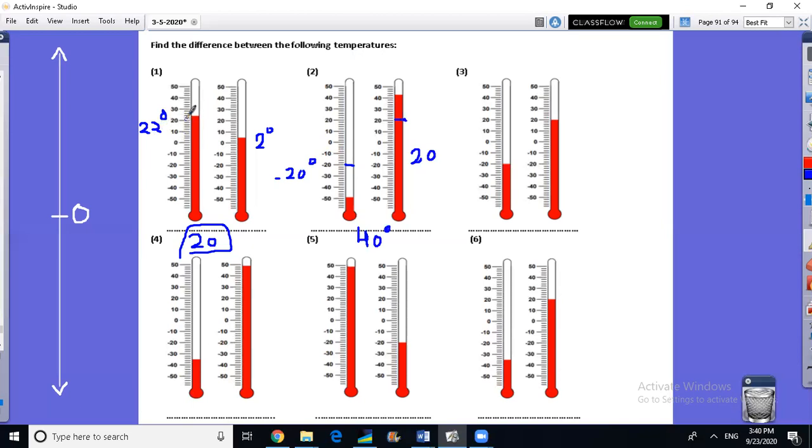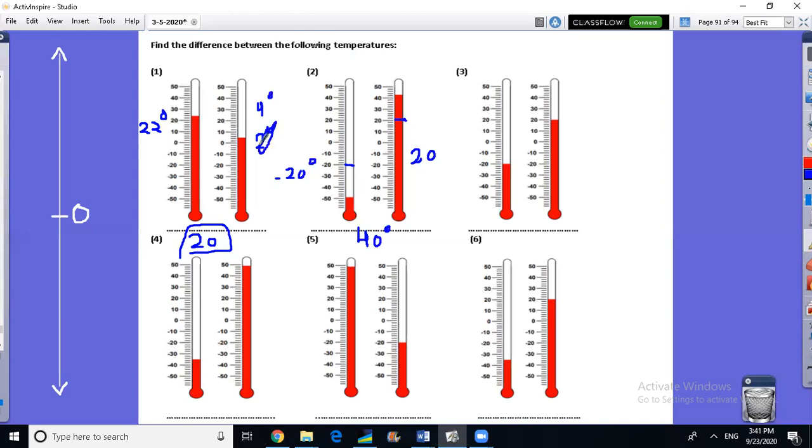It's exactly one line above 20. Here it's 2 lines above 0, and each line is 2 degrees, so it is 4 degrees.